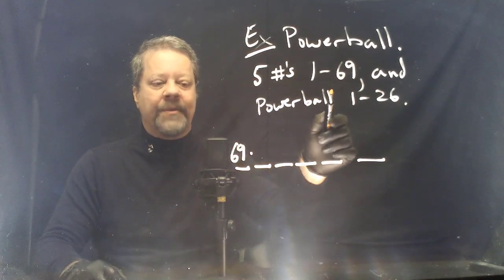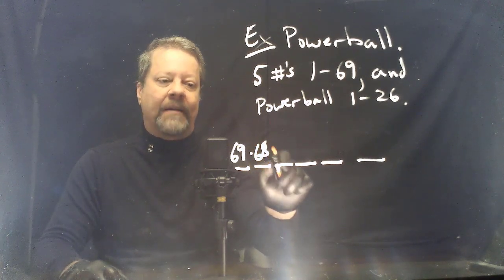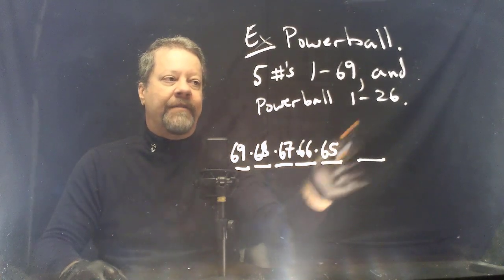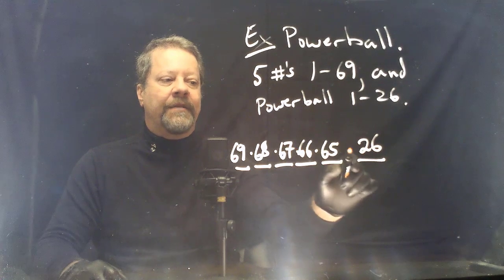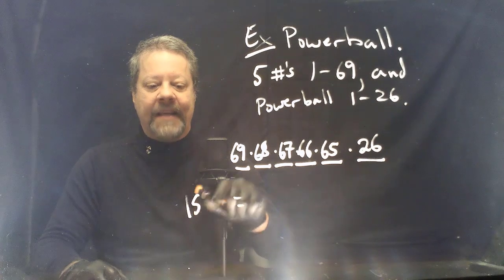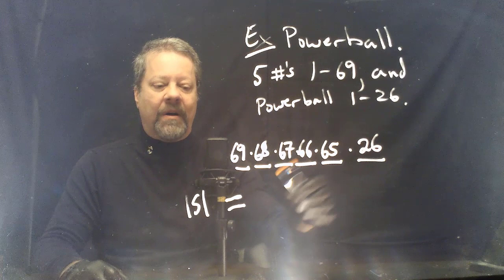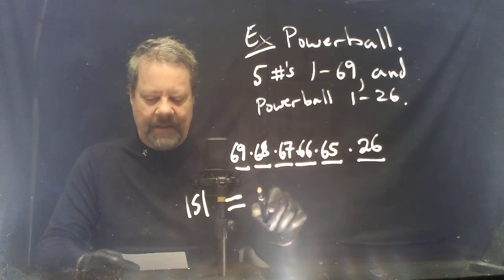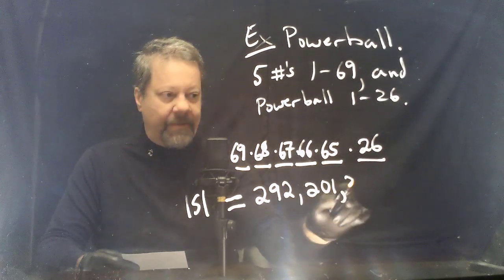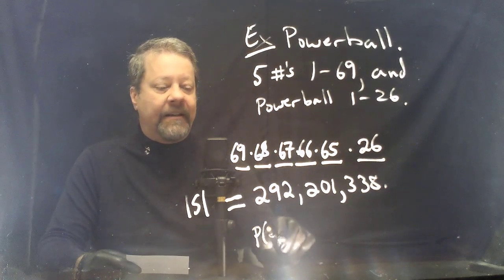We don't allow these numbers to be repeated, so there's only 68 ways to fill this next spot. 67, 66, 65, and there are 26 ways to fill this final spot. So the size of the sample space, the number of different possible ways that the number can be drawn, is 292,201,338.